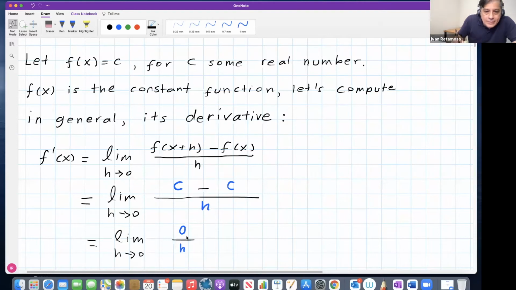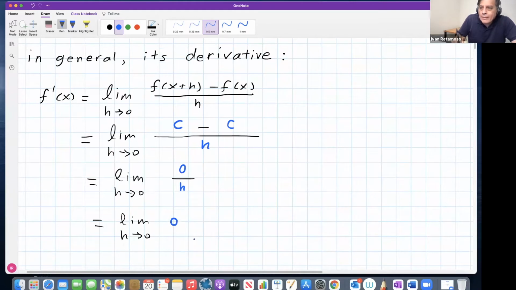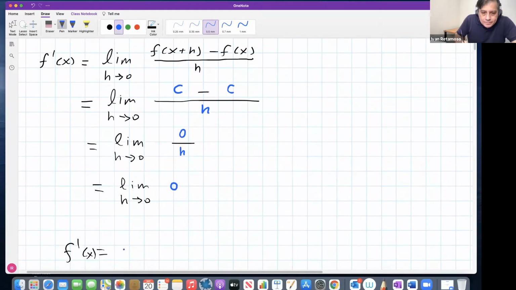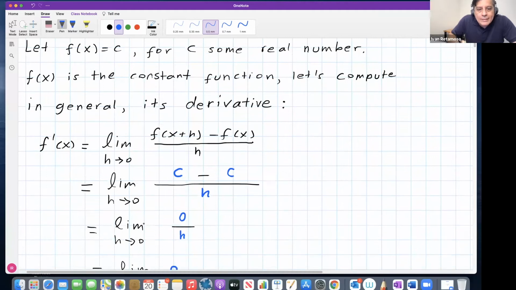Two more students joined just now. h into 0 is just 0. So believe it or not, guys, all this comes down to 0. And the limit of a constant function is just 0. So conclusion, the derivative of a constant function is equal to 0.